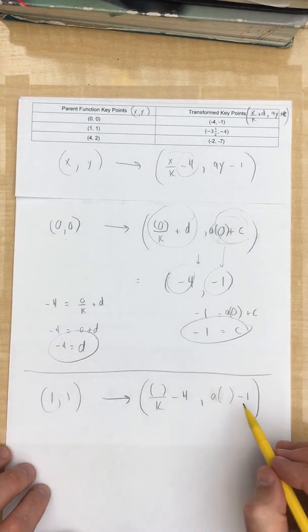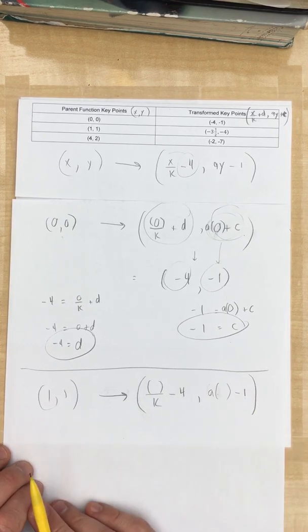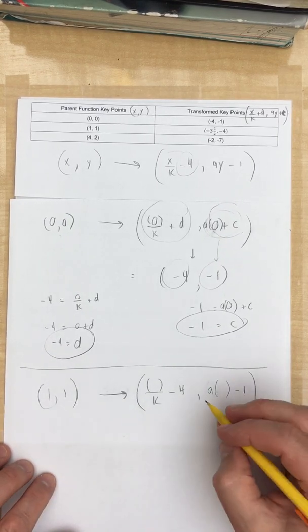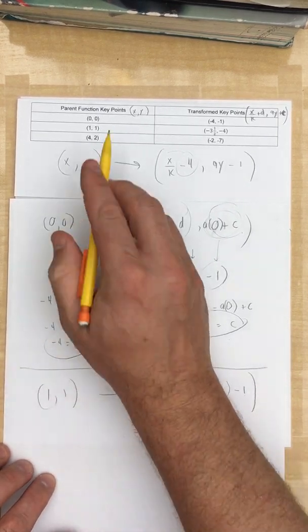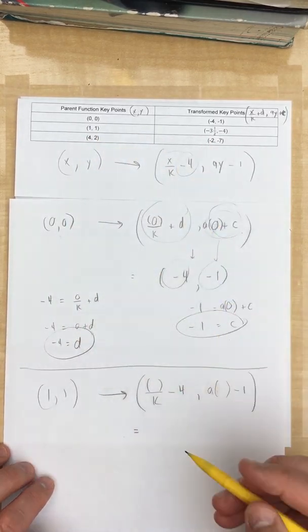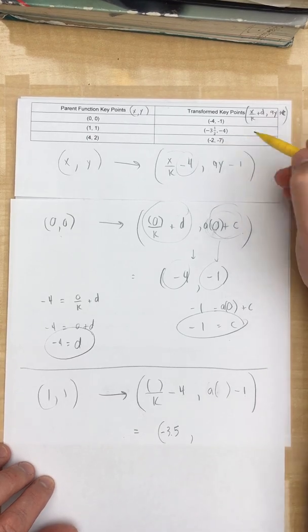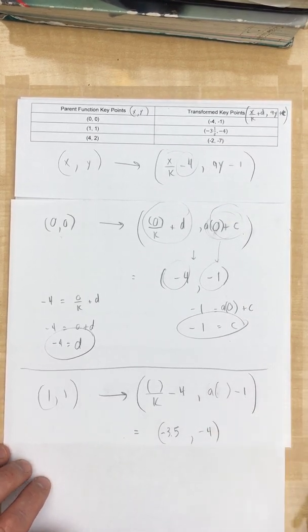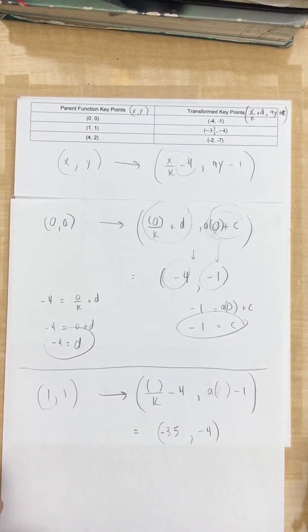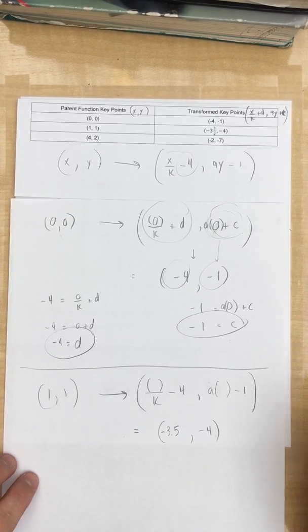So now it's not d and c, now it's -4 and -1. And I know that 1, 1 turns into -3.5, and I'm going to use decimals here because it's easier, and -4. So from that, maybe I can figure it out algebraically.